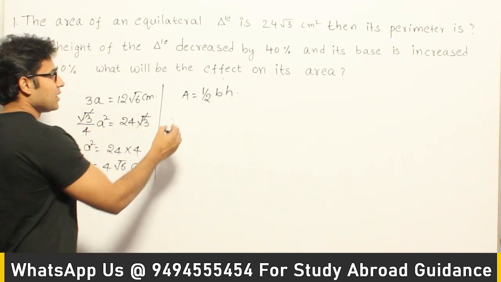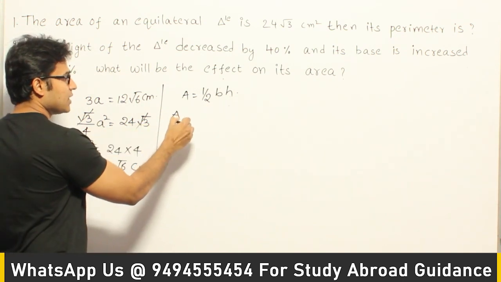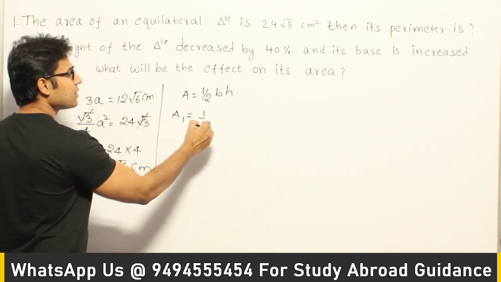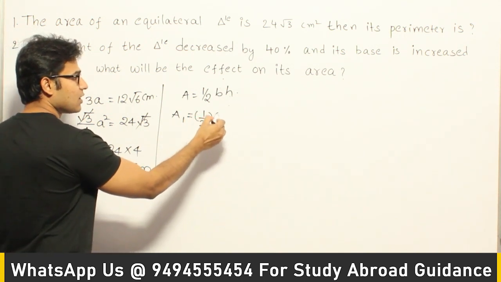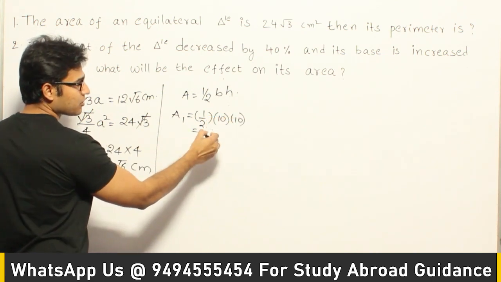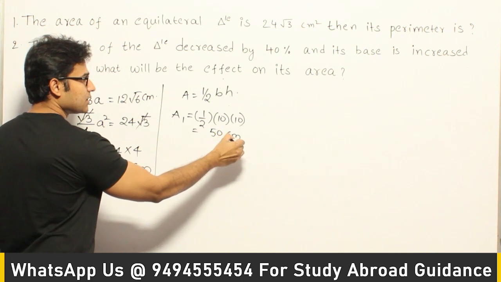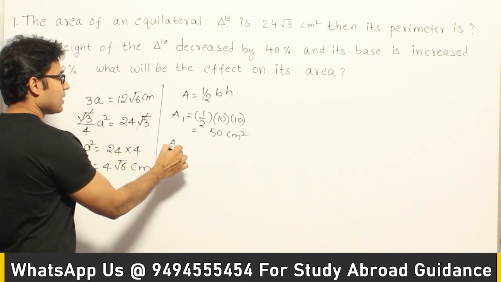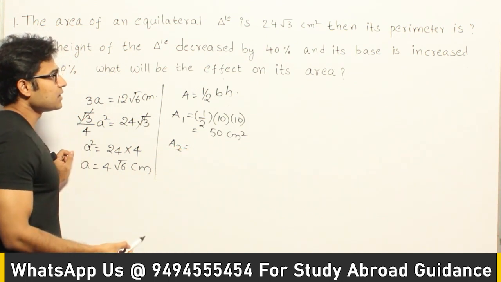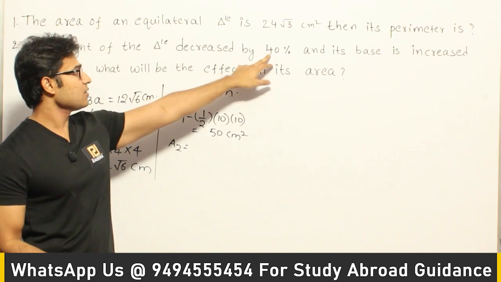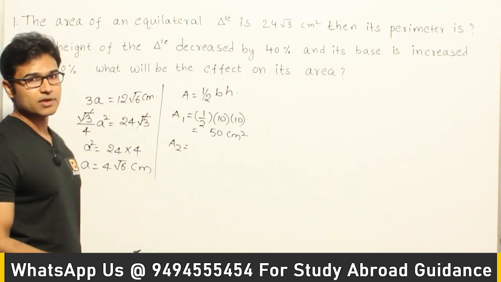Now if you assume that initially base and height are 10 centimeters each, what is the initial area? Initial area is half into 10 into 10, right? So what is it going to be? 50 centimeters square. Now the height is decreased by 40% and the base is increased by 40%.